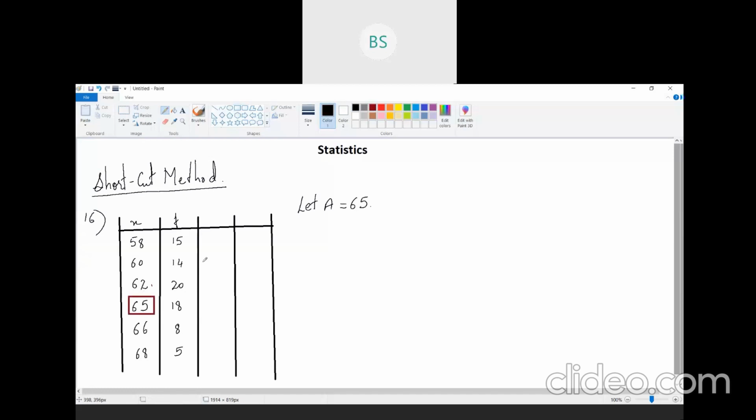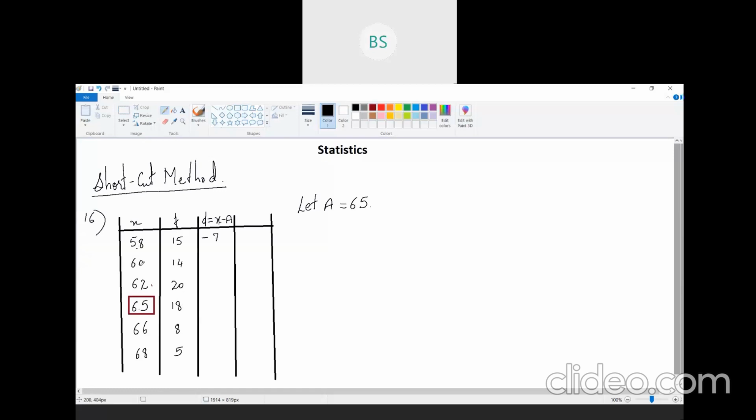Now, once we assume the mean, we have to find the first column, that is D. D is given by x minus the assumed mean. The first value of x is 58, so 58 minus 65 gives you minus 7.